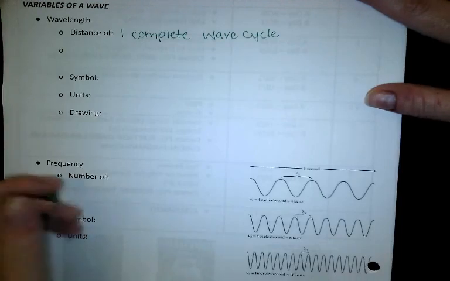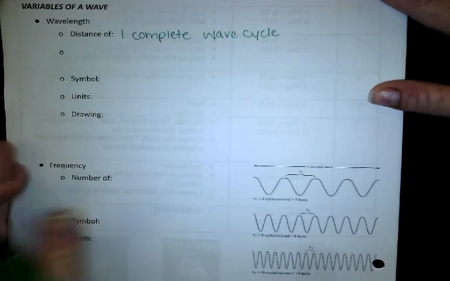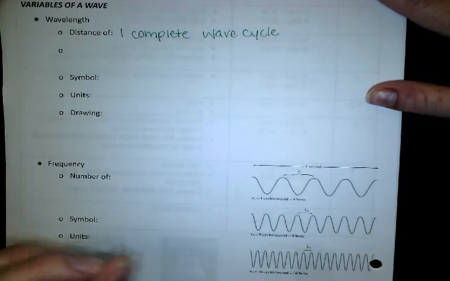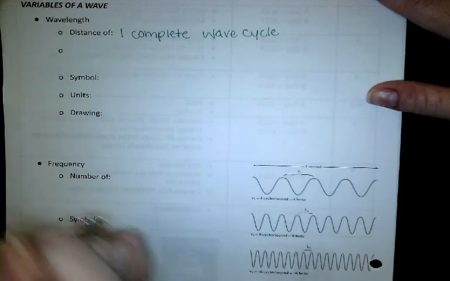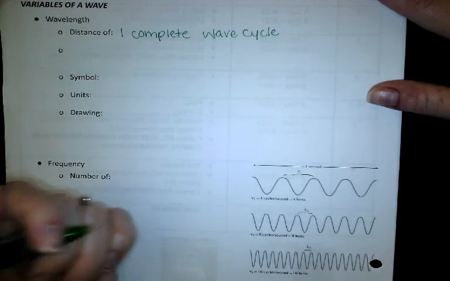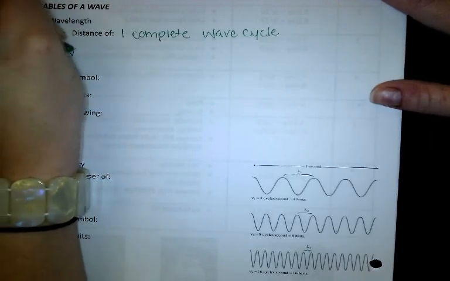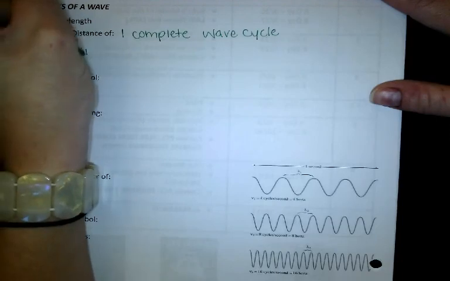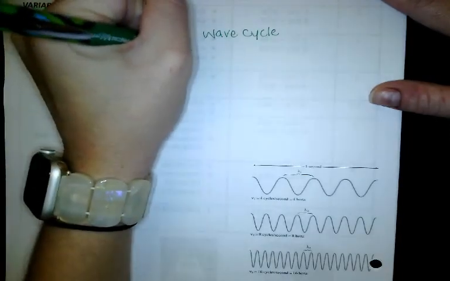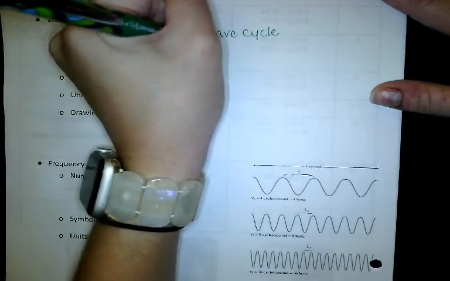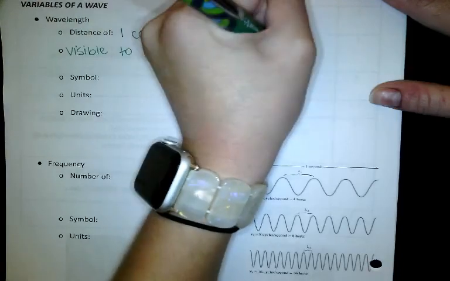Now, there's this whole spectrum. We're going to talk about it. It's called the electromagnetic spectrum. And there's only a certain wavelength that humans can see. And we see it as color. Okay? And the wavelengths that are visible to humans are 700 nanometers to 400 nanometers.